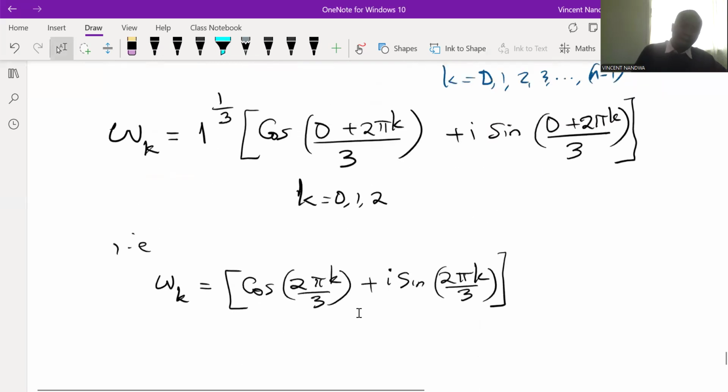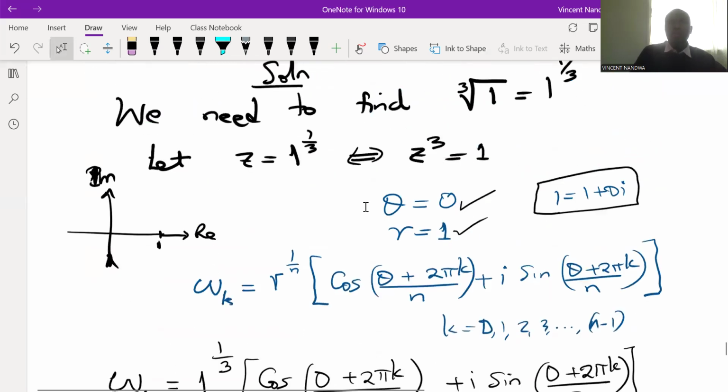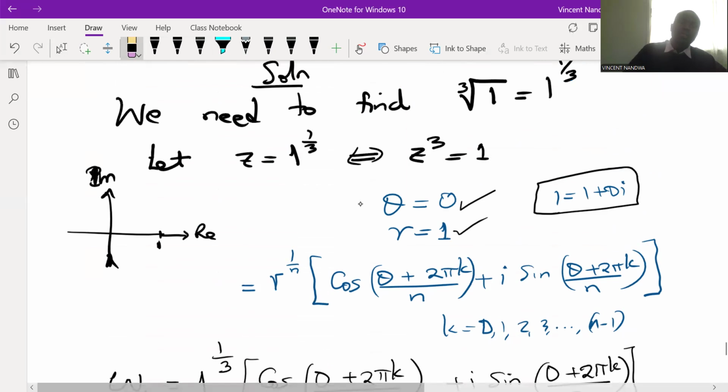Now, because we are using z as our complex number, we can just say that the roots will be z sub k, just to ensure consistency of the notation.